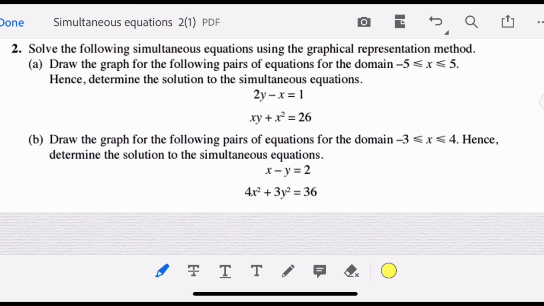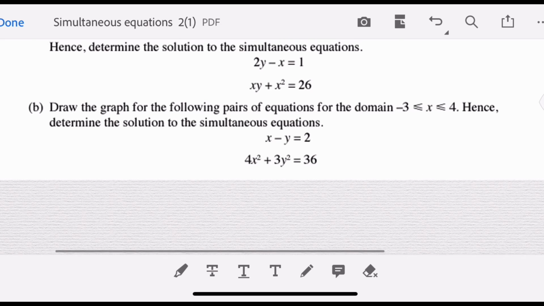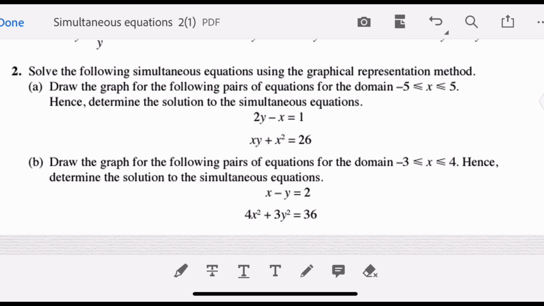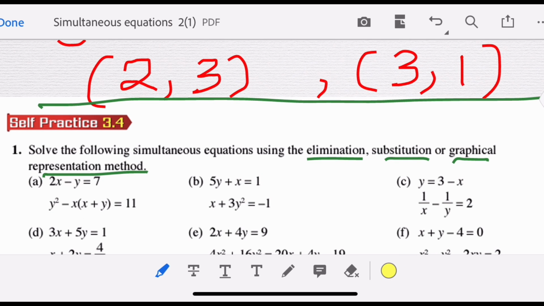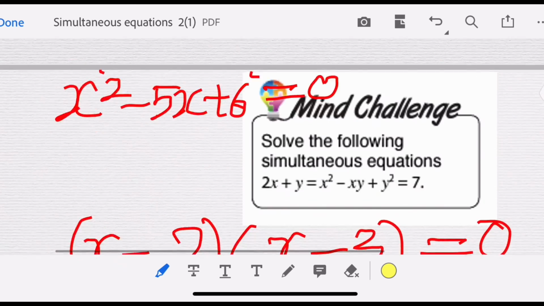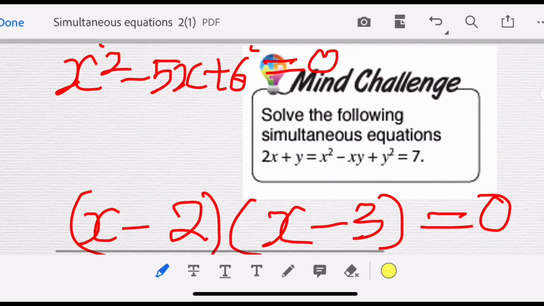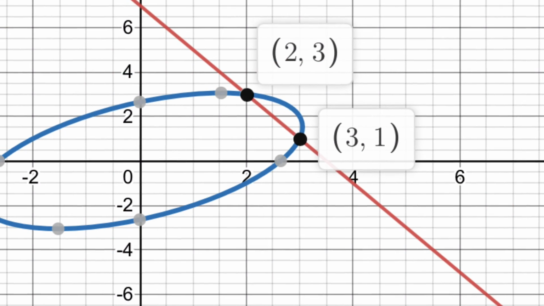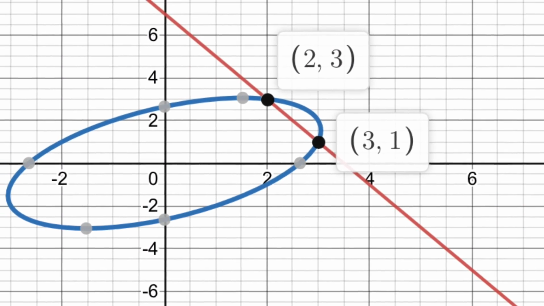Later we will see how to solve this in my next sharing. So I will just stop here because I need to show you how to use Desmos to get the answer for this question.